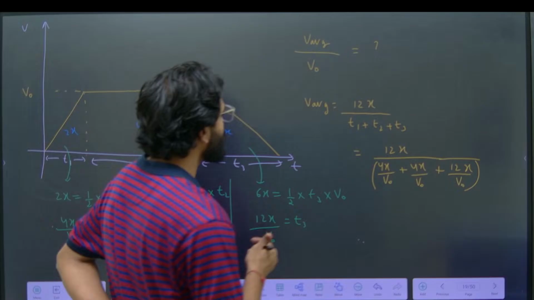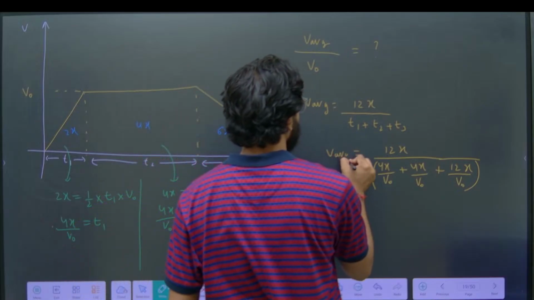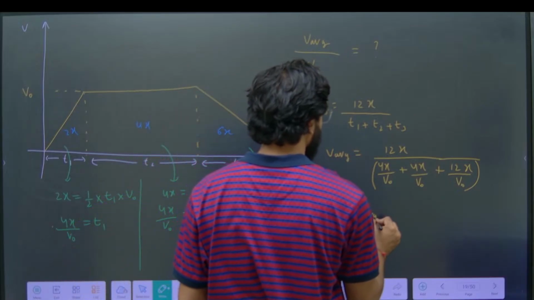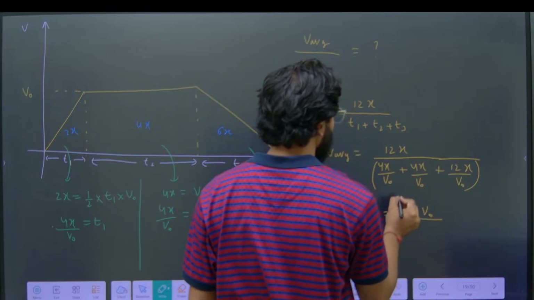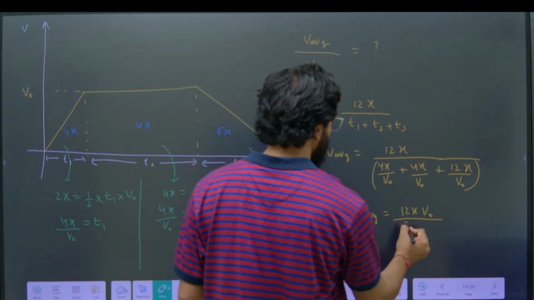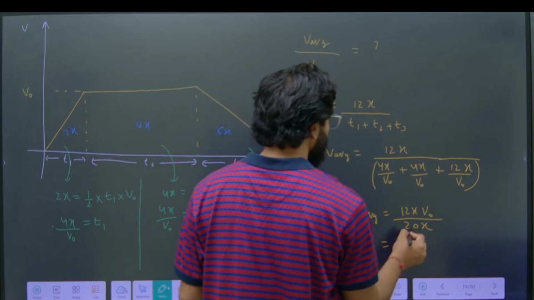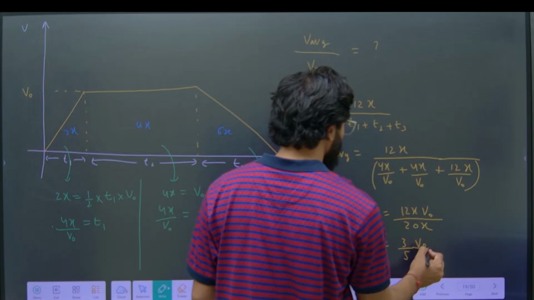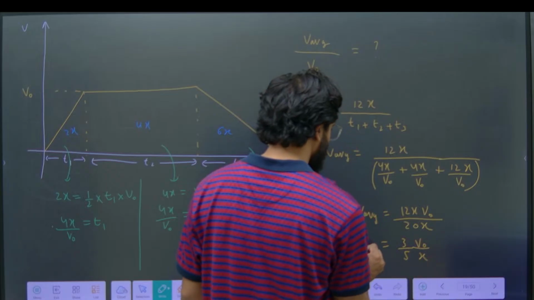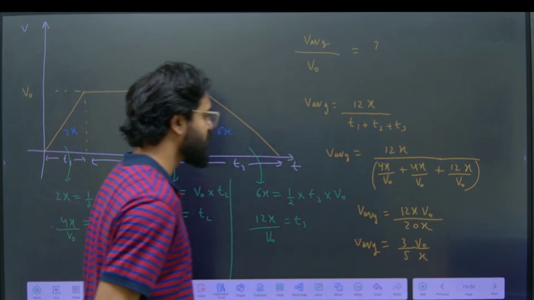So the answer over here, V average, it is 12x V naught over 20x, correct. So it is 3 by 5 V naught by x. It is V average, okay.